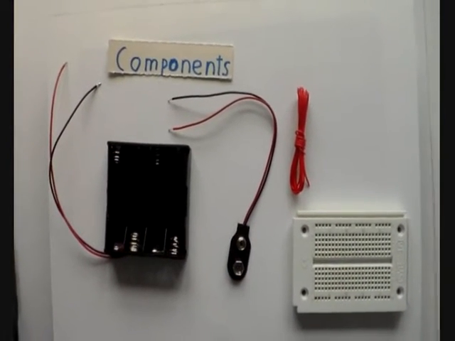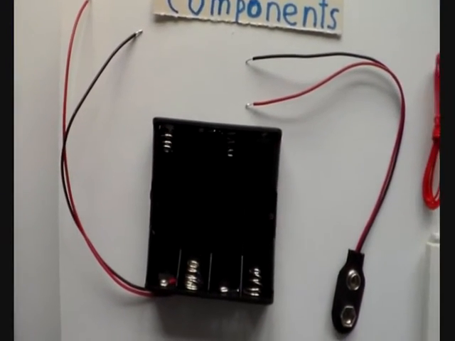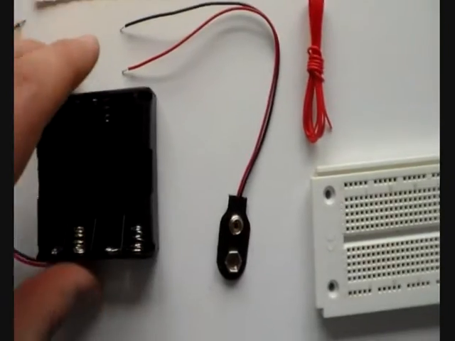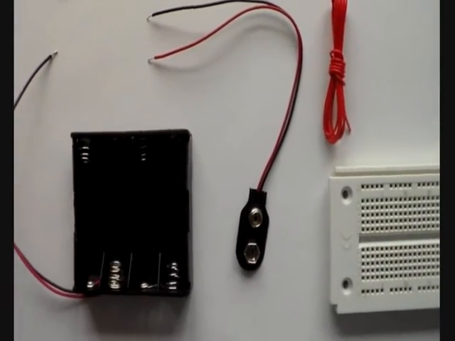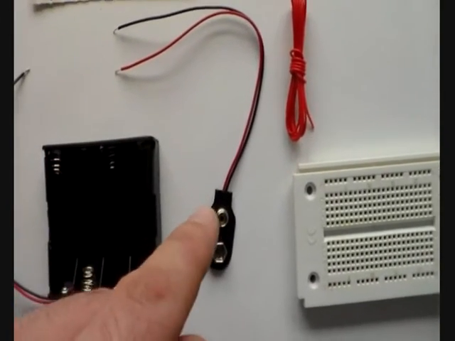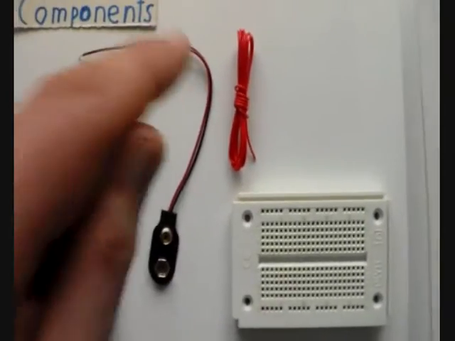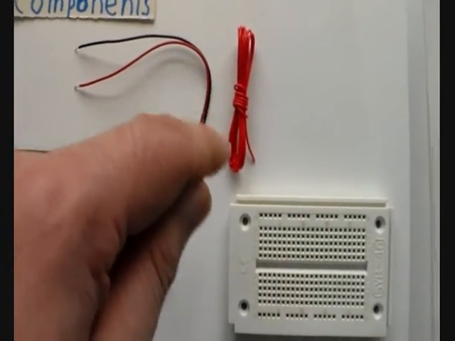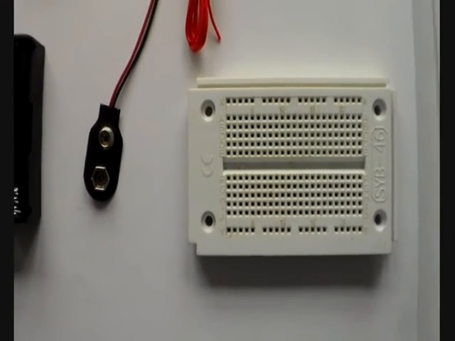So now let's have a look at the remaining components. You can use a 4 AAA or AA battery holder or a 9V clip. Depending on if you want to use 4 AA or AAA batteries or a 9V battery, you buy a clip for the 9V battery or a battery holder for the AA or AAA batteries. You want to buy 1 foot long flexible wire for connecting your audio source, and of course a solderless breadboard.